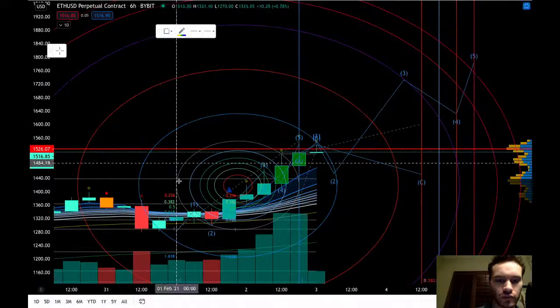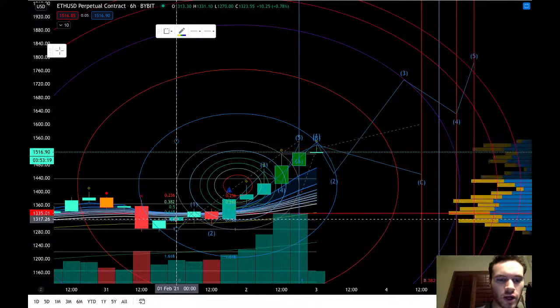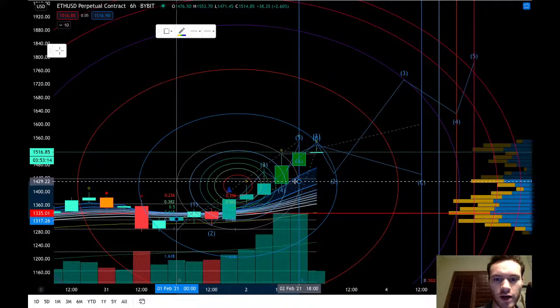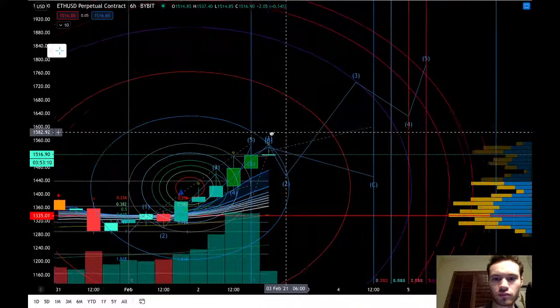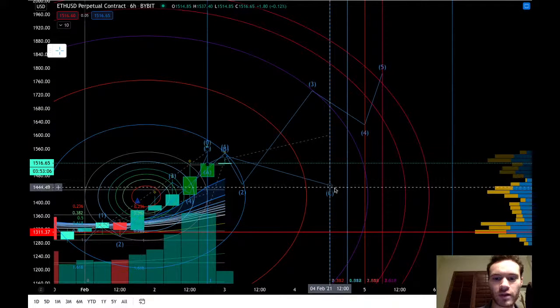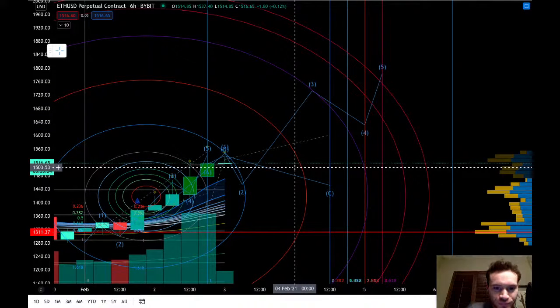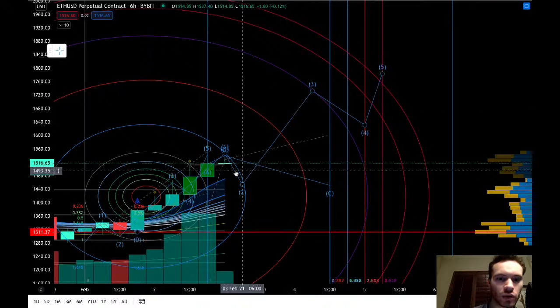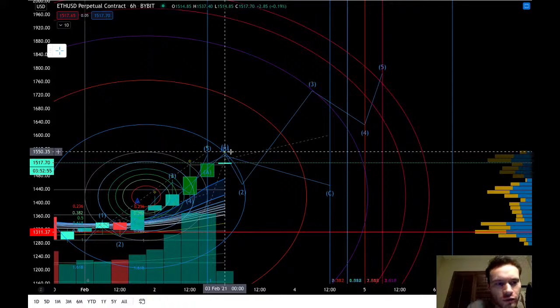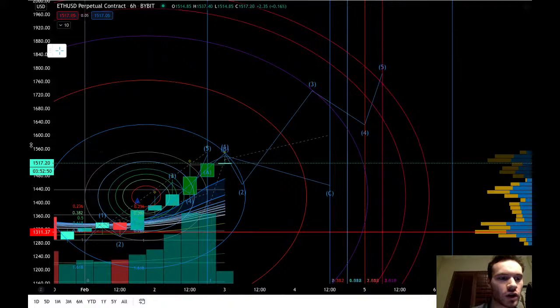So you do this, you go from the one area right here, the start of it, and then right here the 5, and this is going to perfectly pull up this area right here, where we have this C area. So potentially we're looking at finding resistance right here at 1550, potentially on this fib area.